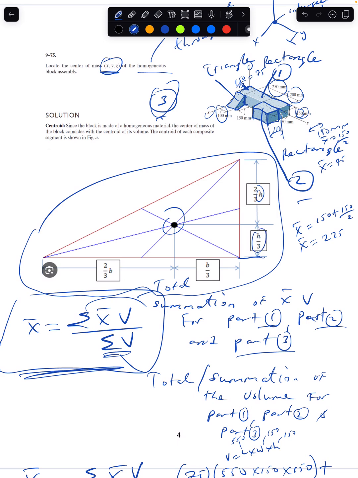If you are measuring from the top, then it will be 2/3 the height. But if you are measuring from the bottom, you have to take note, it will be h over 3. So the centroid from the bottom is h over 3. And technically, how do I measure that? I have x for part 3, I have h over 3.